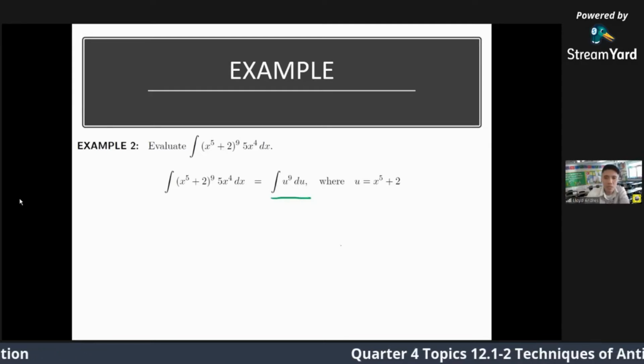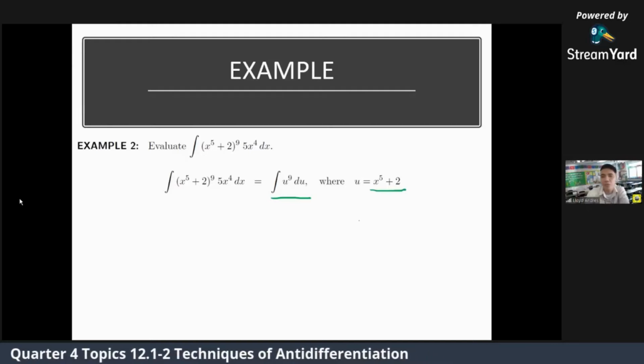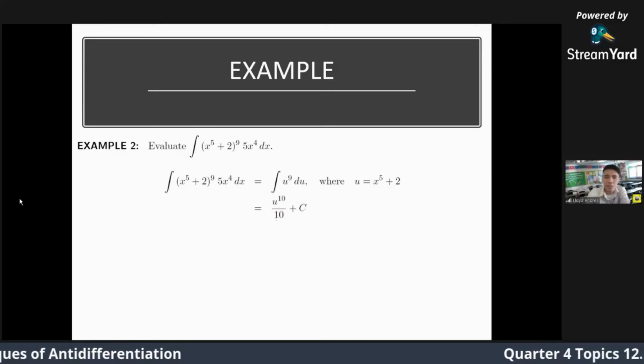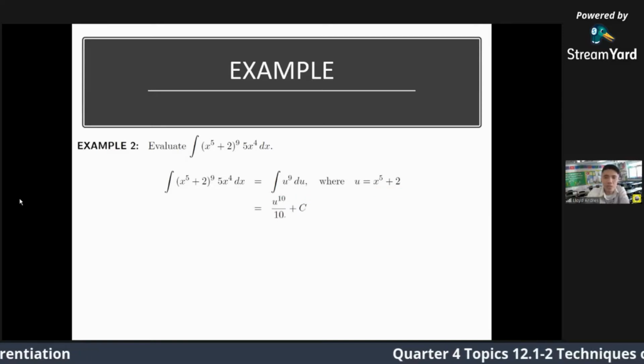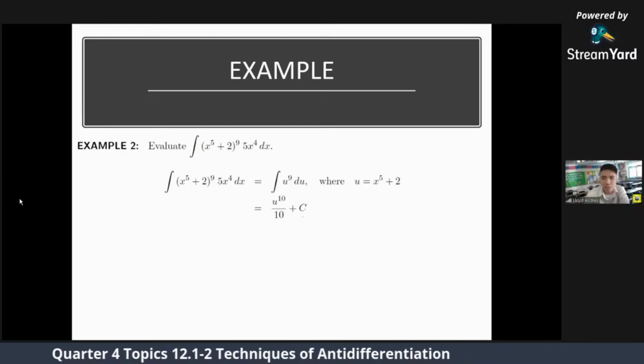So again, u is x raised to 5 plus 2. After that, apply integration. To integrate u raised to 9, that is u raised to 10 over 10, because 9 plus 1 is 10, so over 10. And again, don't forget plus c.